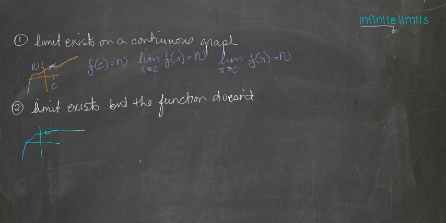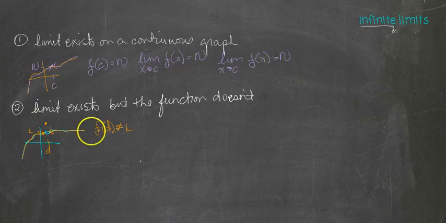So the limit from the right exists and points to L. Let's call this D. So as x values approach D, the limit exists from the right and equals L. The limit also exists from the left and equals L, but the function of D does not exist or does not equal L. In two scenarios, one is it's just a hole with nothing anywhere, and the other is that you might get a point someplace elsewhere on the graph but not connected to the curve you're looking at.